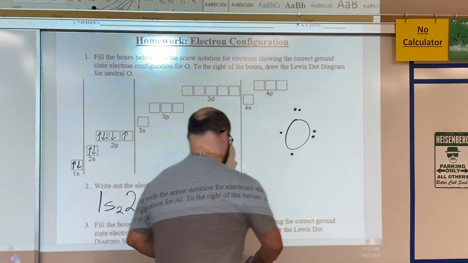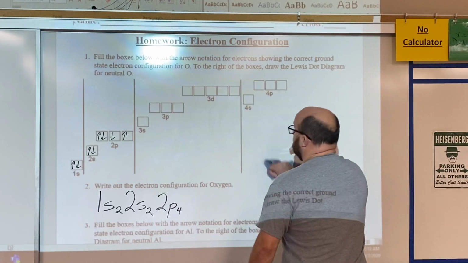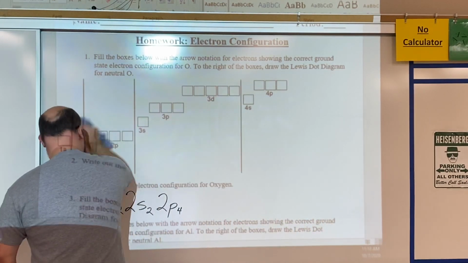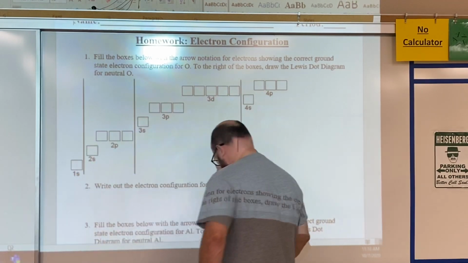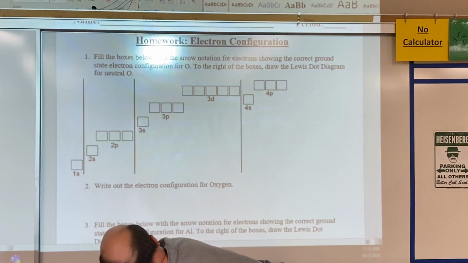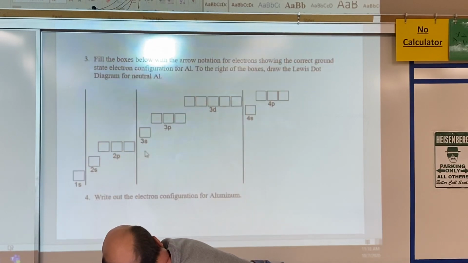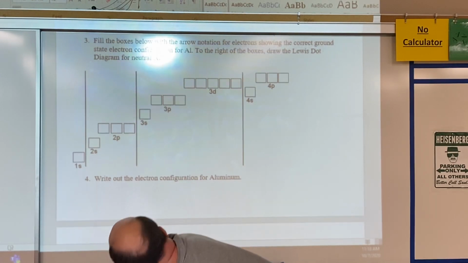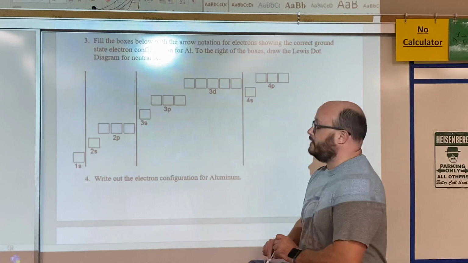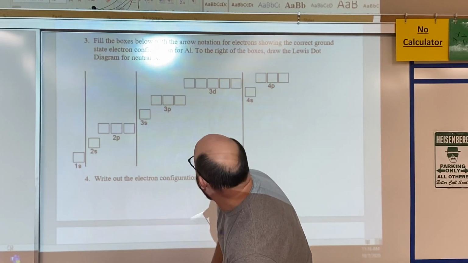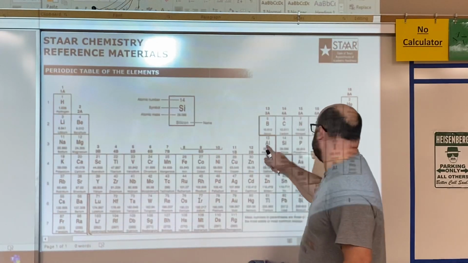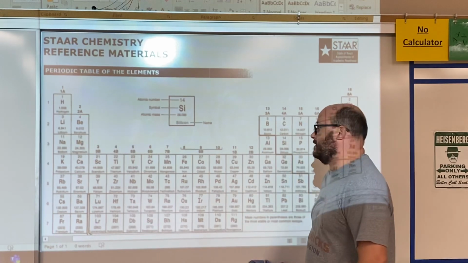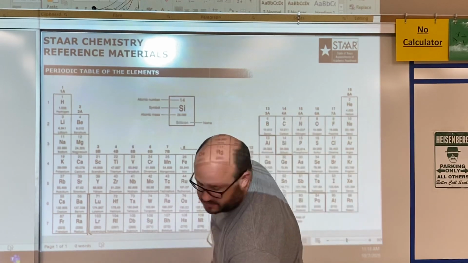Let's try a different one. All right, let's look at aluminum. First up, aluminum's got 13 protons, meaning 13 electrons in a ground state.